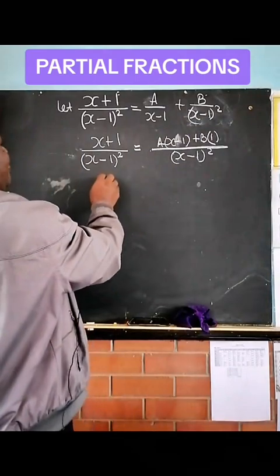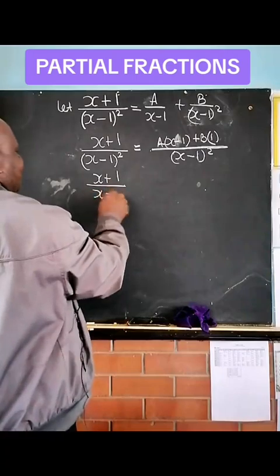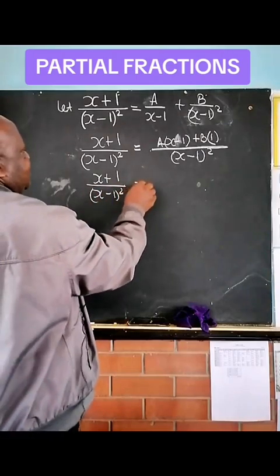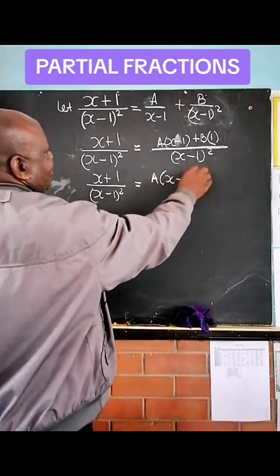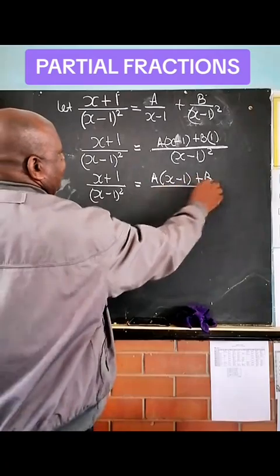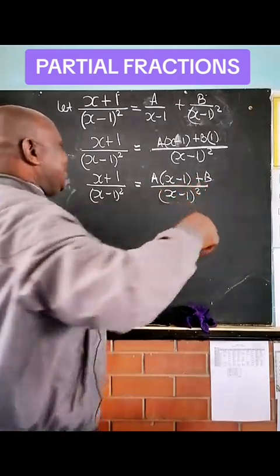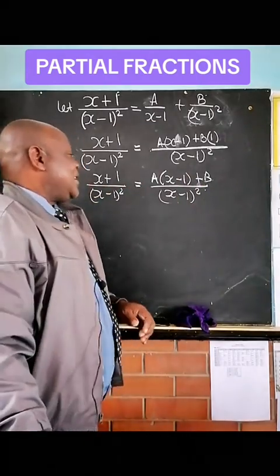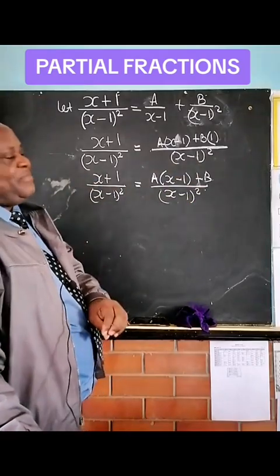So I end up with x plus 1 over x minus 1 squared is equal to a open x minus 1 plus b over x minus 1 squared. Note that the fraction on the left is equal to the fraction on the right.